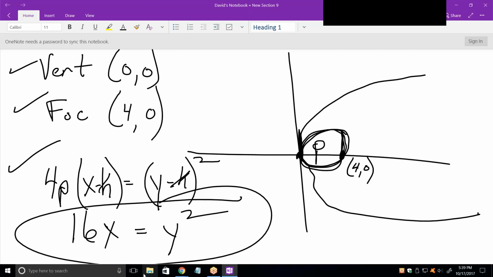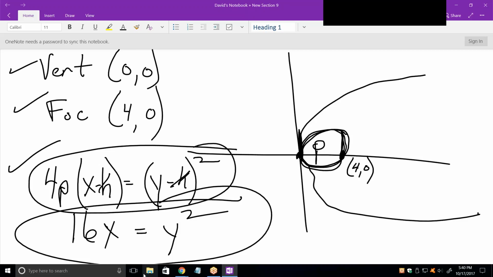It gets a little bit harder when the vertex is not at 0, 0, but not really, as long as you can remember the standard general formula. All of math is about remembering the general formula. If you can remember it for all these things, that's the best starting place.